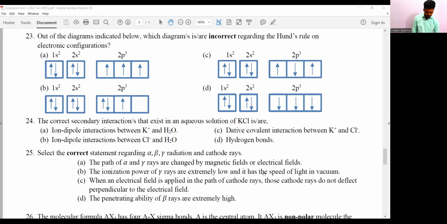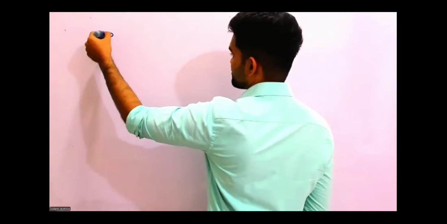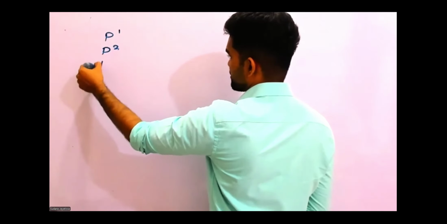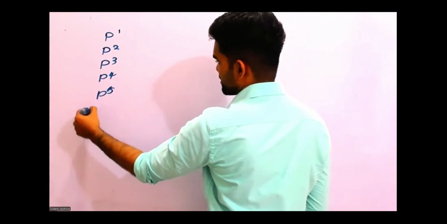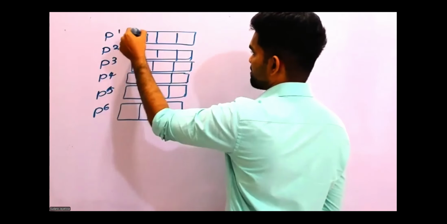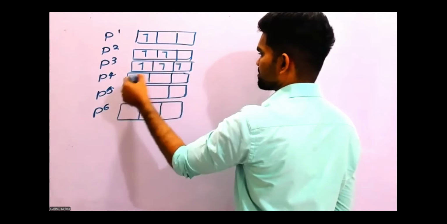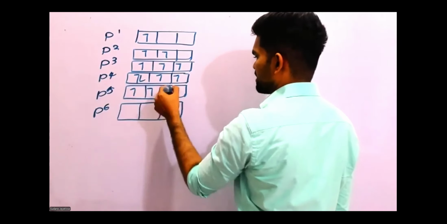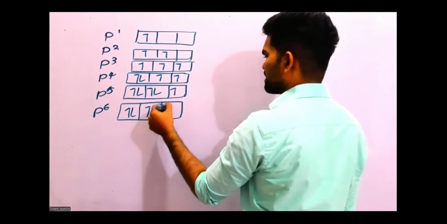Okay, let me add a little additional thing to the 23rd question. According to Hund's rule, this is how p1, p2, p3, p4 must be filled. First one per each orbital, then paired. And here it is fully paired.